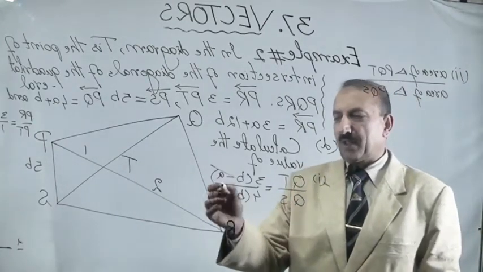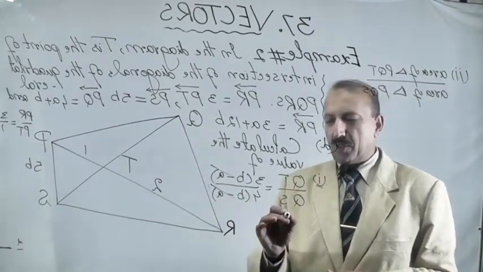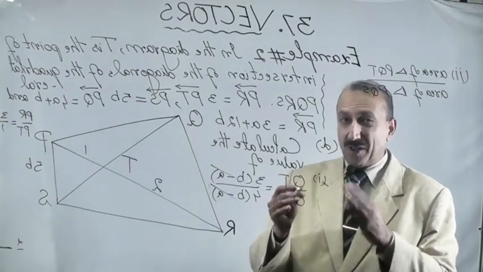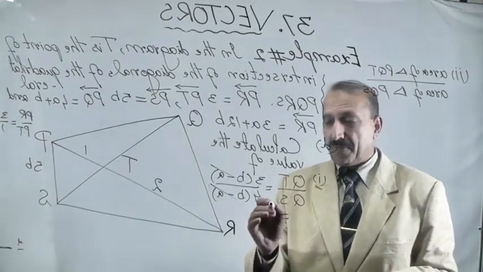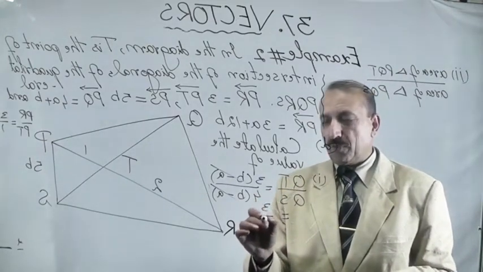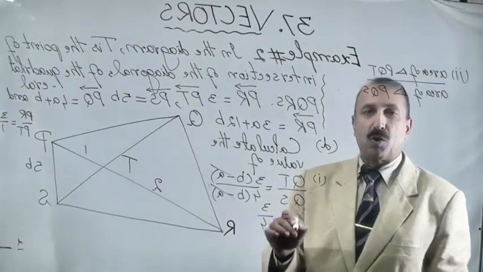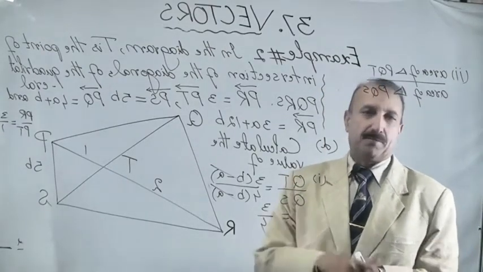Let's simplify. This can be cancelled with this one, and we have the numerical value we have to find. So 3 over 4 is the ratio of the vectors QT and QS.